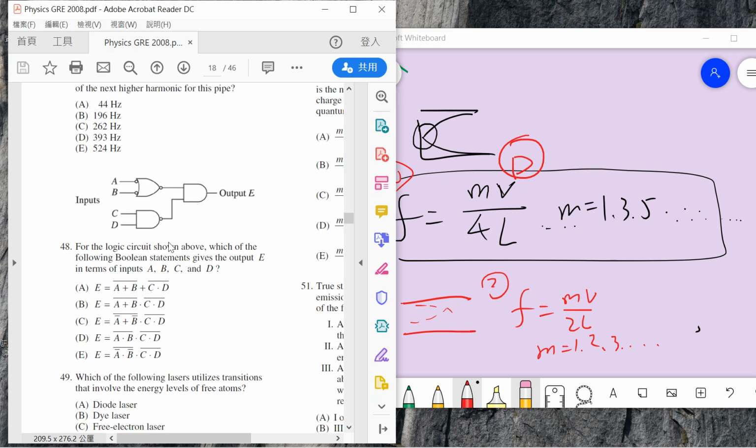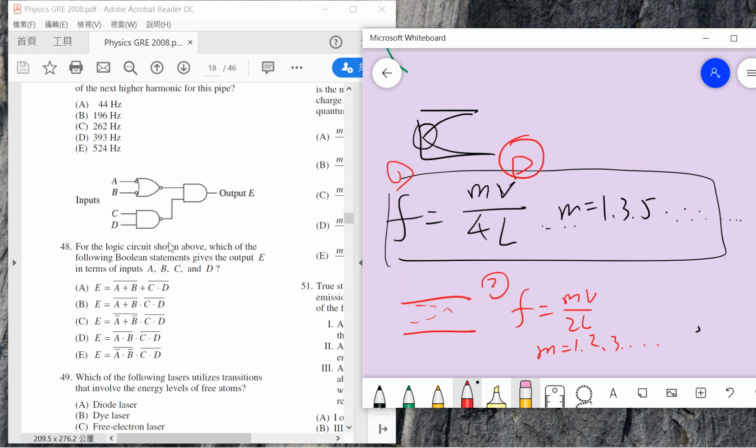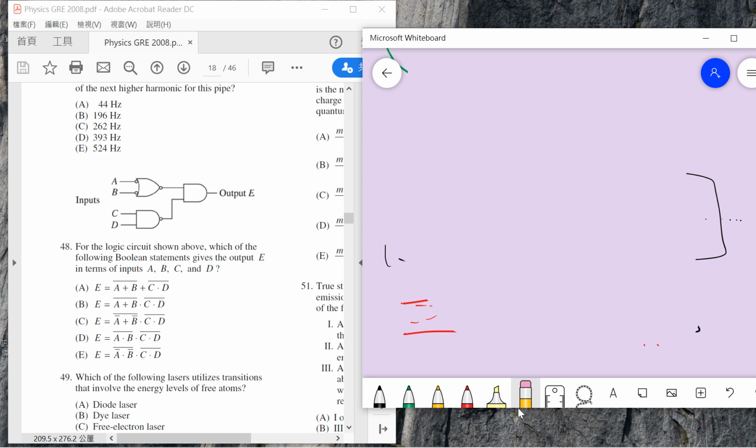Okay, 48, basic electronics. There are three circuit notations you need to remember. Maybe not just three, but some basics you need to remember, and you can use them to derive some consequences.